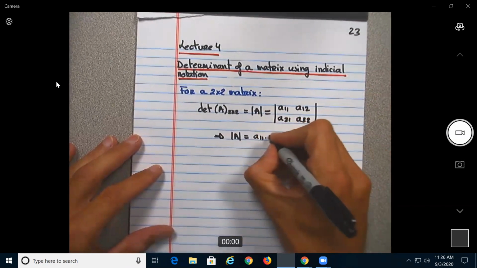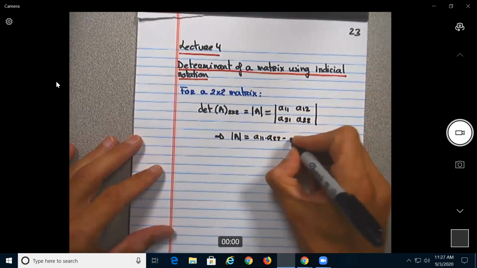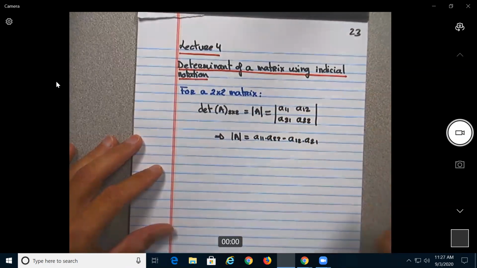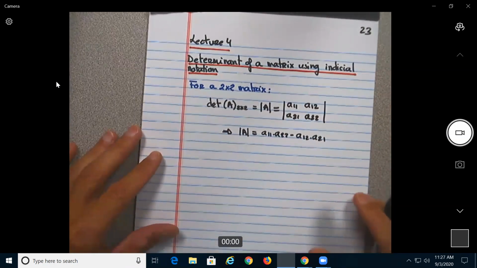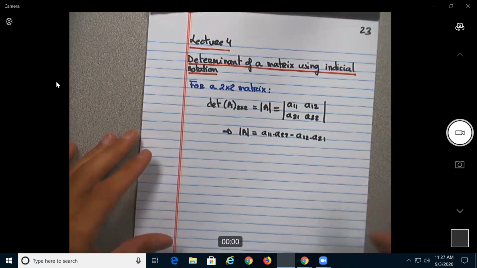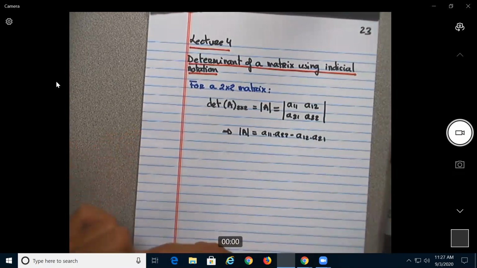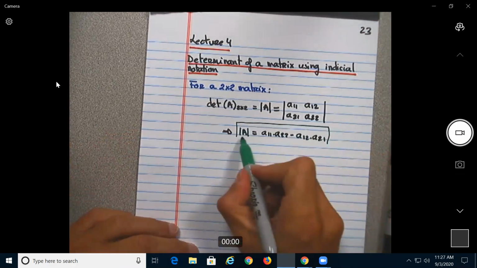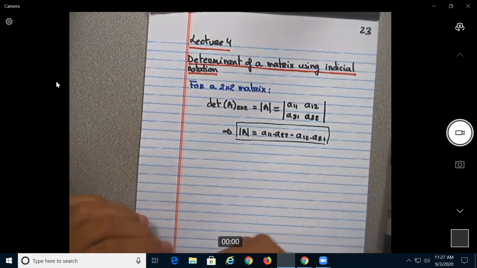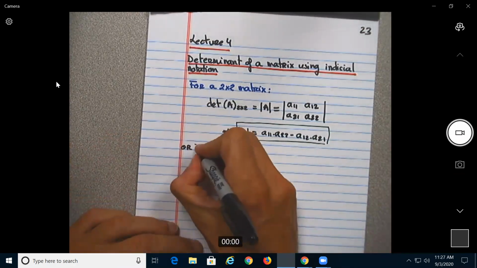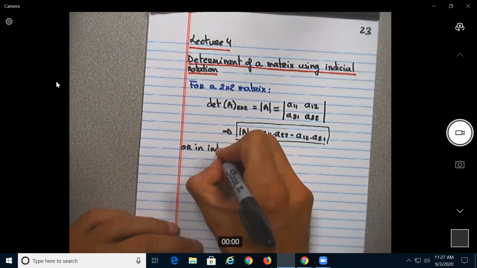A11 times A22 minus A12 times A21. Okay? But actually we can rewrite this in indicial notation as follows.